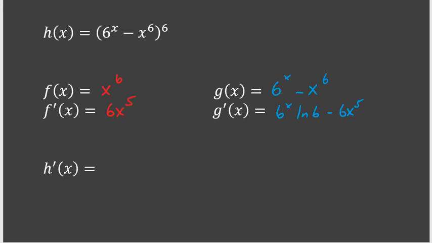Once again, we're going to take these pieces and substitute them into the formula for chain rule. So again, g is being substituted in for the variable in f prime.